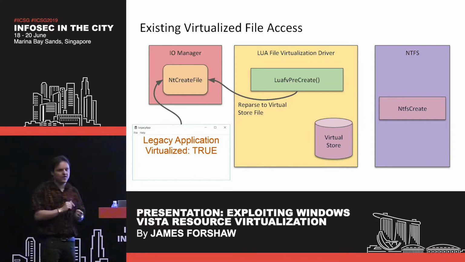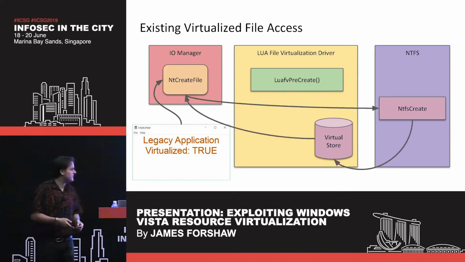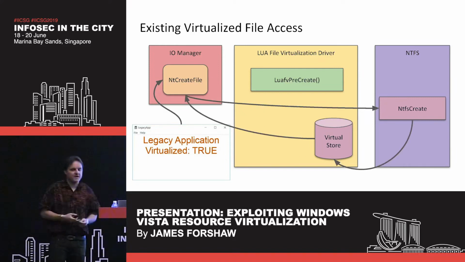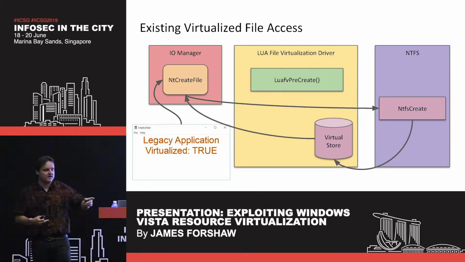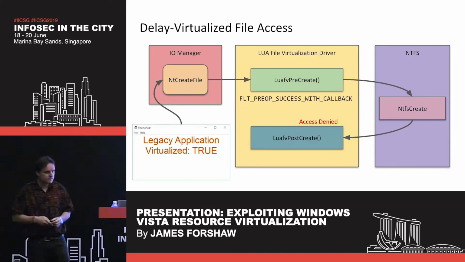Instead, you want virtual store/abc.txt, please. Can you just try again? And it also marks that request with a special flag, which basically says, and by the way, don't talk to me about this request again because I'm not interested. So the I/O manager can just go straight to NTFS create, but in this case, rather than trying to open the real file inside Windows, it goes back to the virtual store backing and you can now satisfy that from the virtual store.